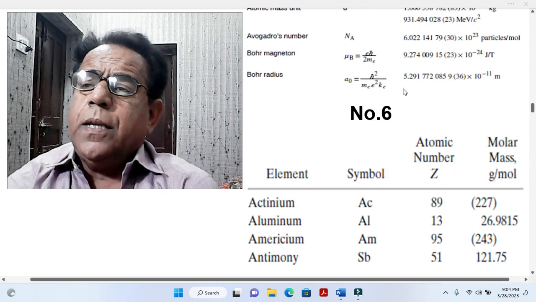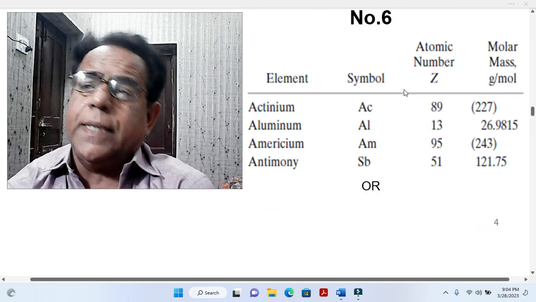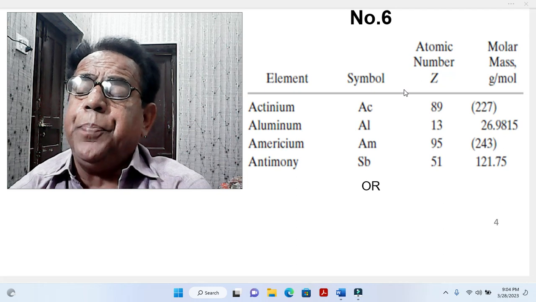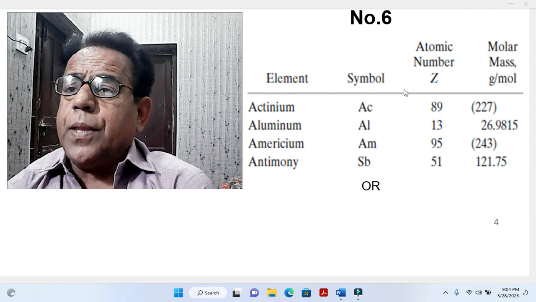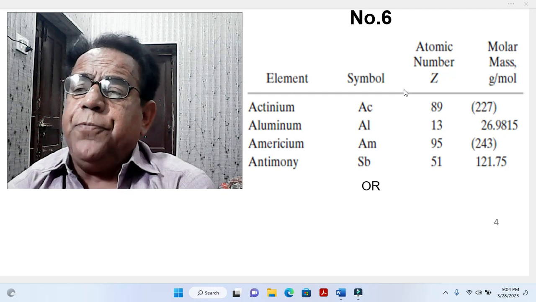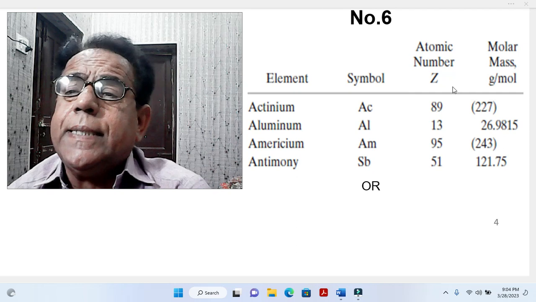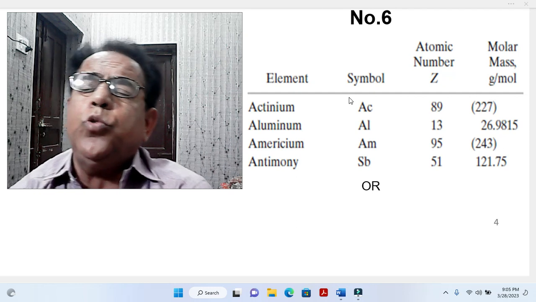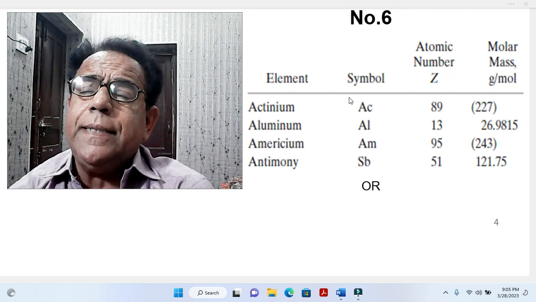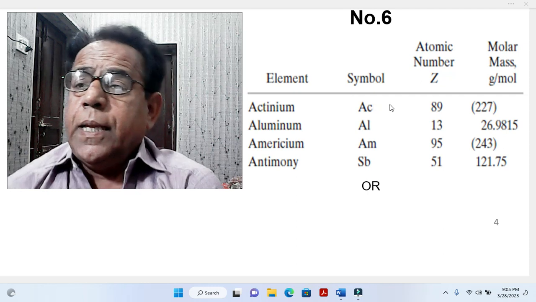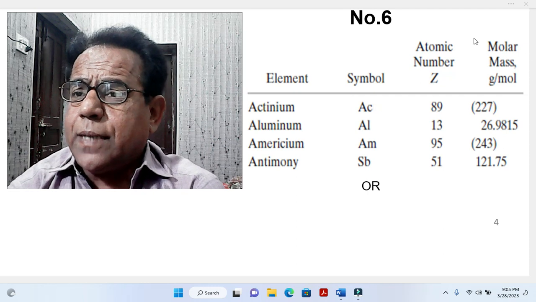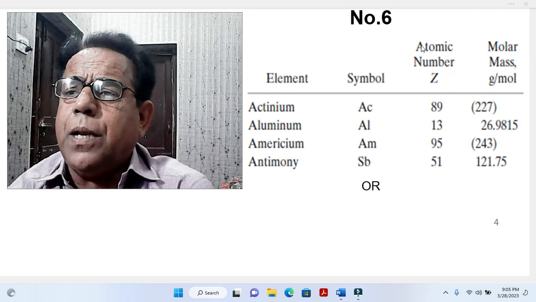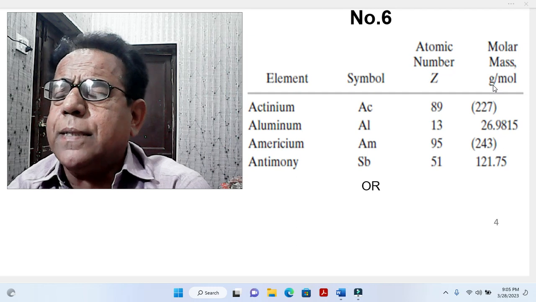Now we come towards tool number 6. Dear students, tool number 6 deals with various elements. In this tool all elements are not shown. Actually such a table is usually very lengthy, comprising several pages. I have selected just the starting portion, that is element, symbol, atomic number Z, molar mass, gram per mole.